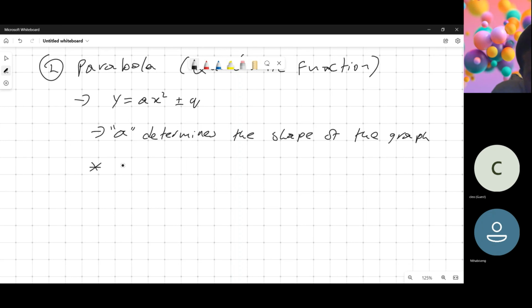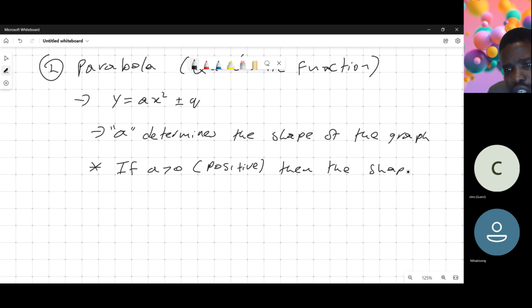If a is positive, then the shape of the graph is concave up.